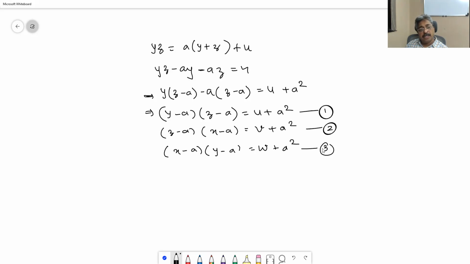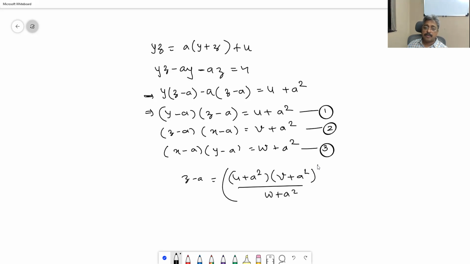If I multiply 1 and 2 and divide by 3, I get z minus a, bracket square, is equal to u plus a square into v plus a square upon w plus a square, root. Therefore z is equal to this plus a. Cyclically you have to write the rest, and that is your solution here.